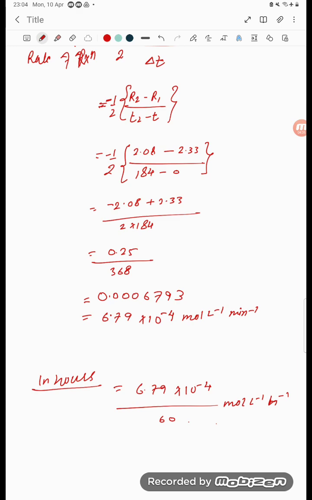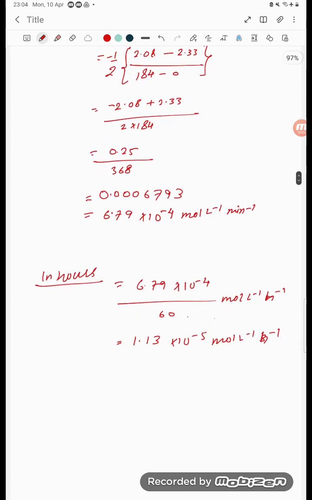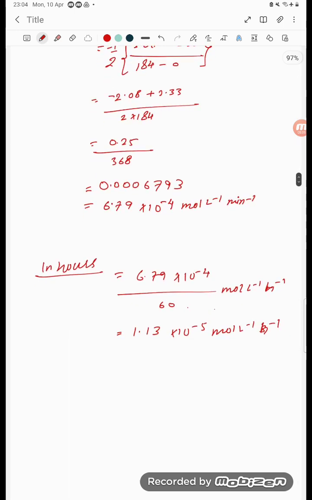It is coming 1.13 into 10 power minus 5, mole liter inverse and hours inverse. So this is all about the answer.